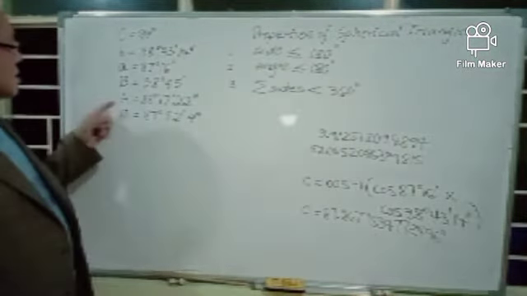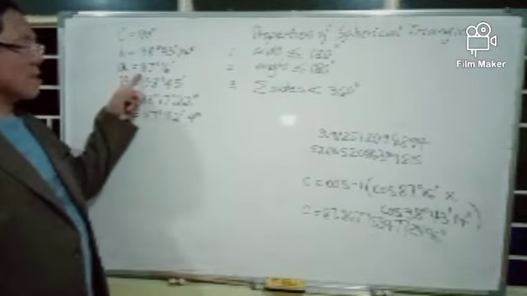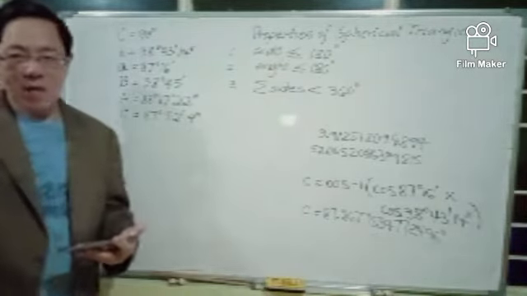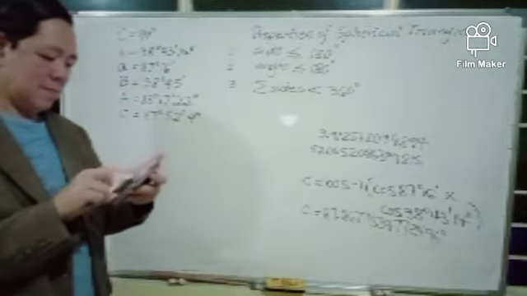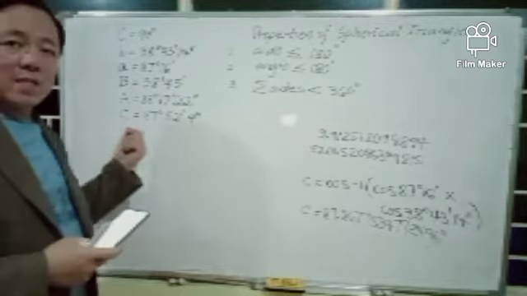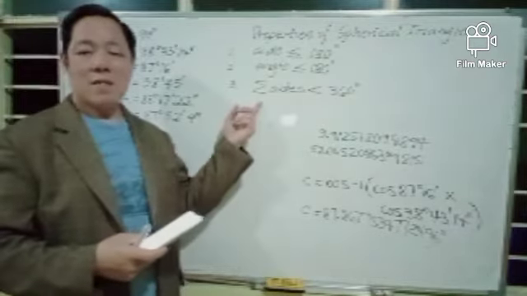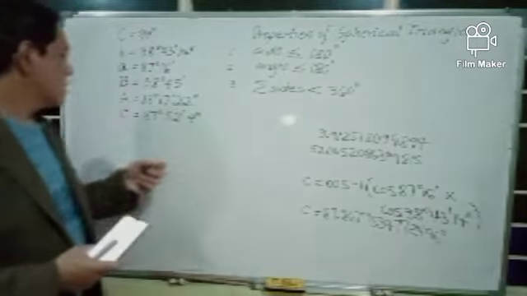Our sides are denoted by small a. Now we check. We get the sum of the sides of our right spherical triangle, and the sum of the sides should be less than 360 degrees.